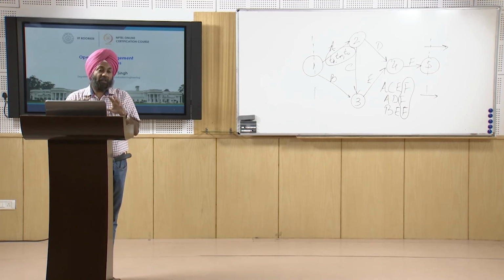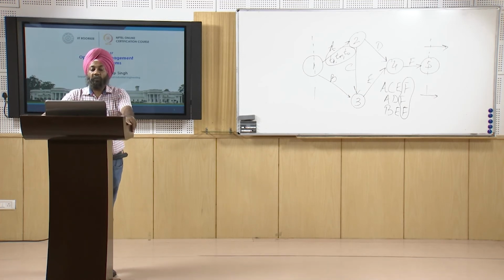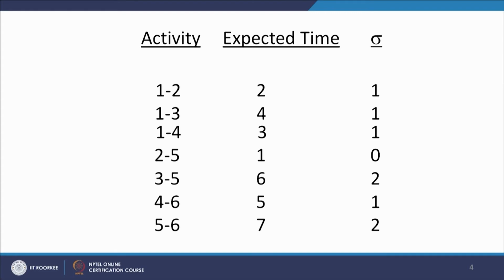So here we have a problem at hand where we have 3 different calculations to be done. First and foremost, when you have project data available, you have to construct a network. This is the first stage, because as we have seen, each activity in PERT will have 3 time estimates.